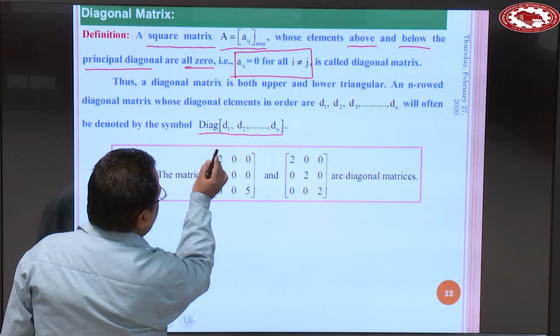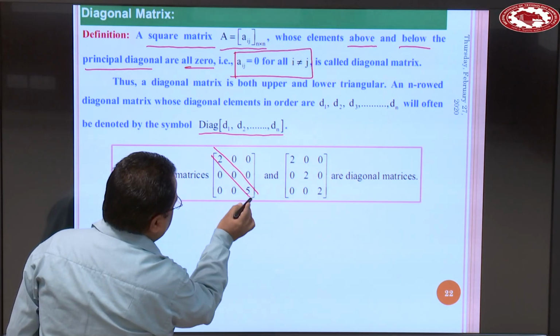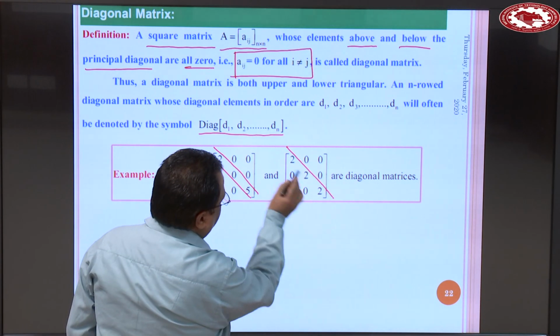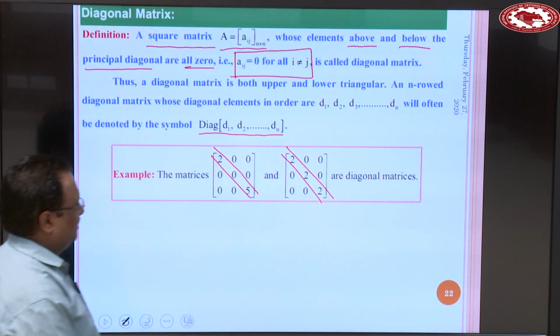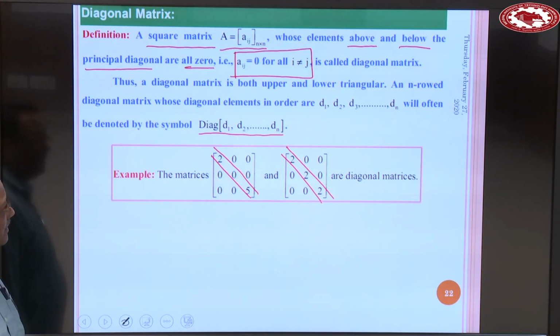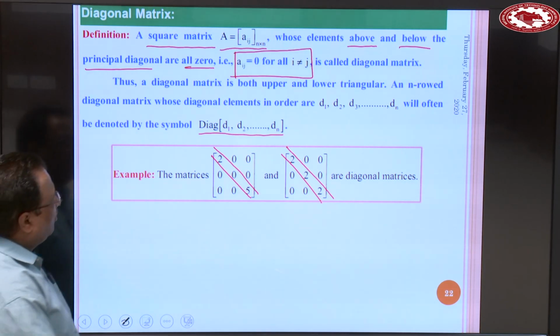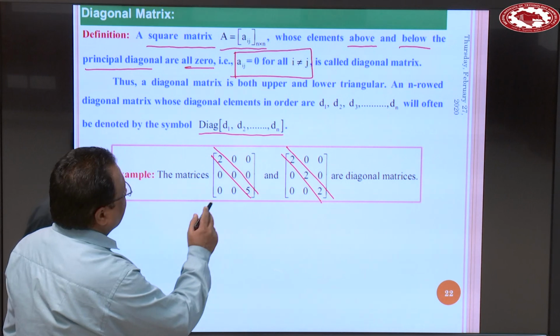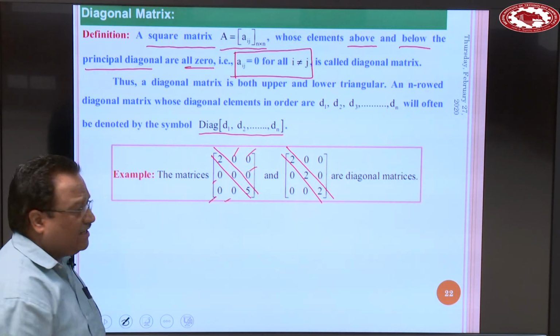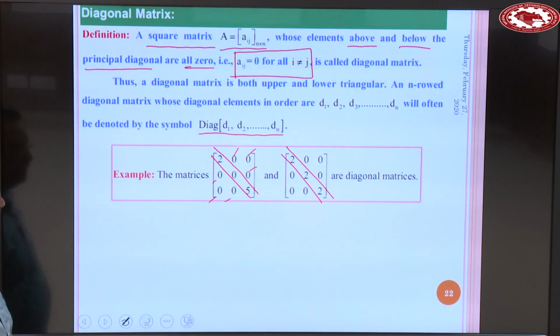All the elements above and below the principal diagonal are 0. So the condition on a diagonal matrix is aij is equal to 0 for all i not equal to j.